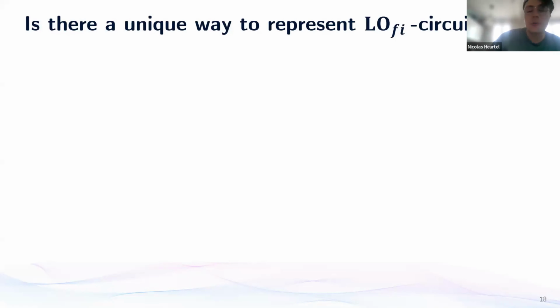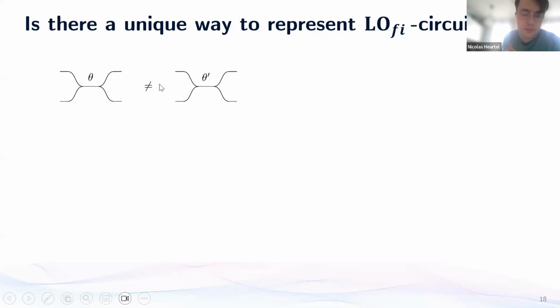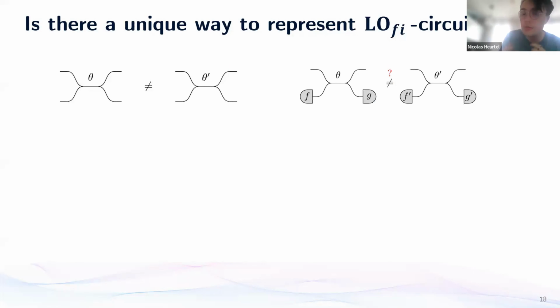And so now the question that we will try to answer is: is there a unique representation of Lo-Fi circuits? Before, when there were just beam splitters, we know, for instance, that if there is a different angle, it is different. But it's not so clear if you allow auxiliary states and auxiliary detections.